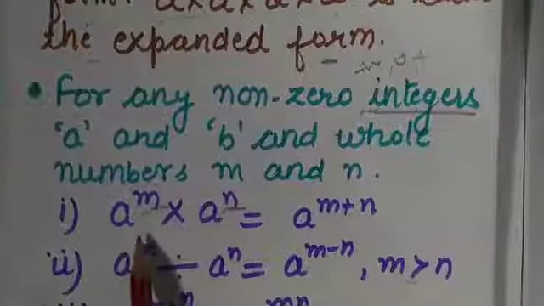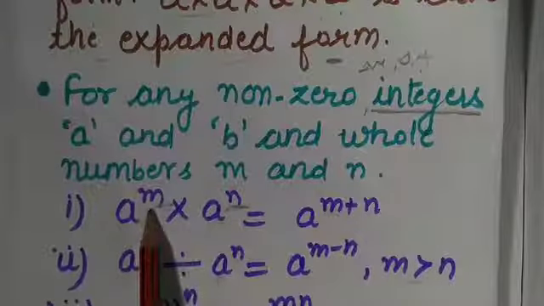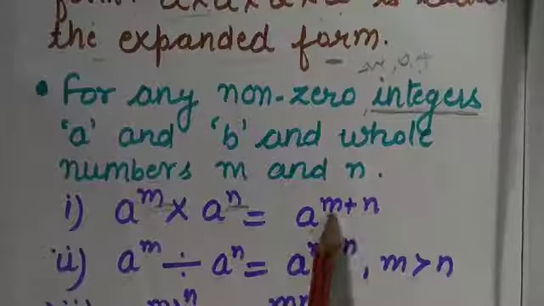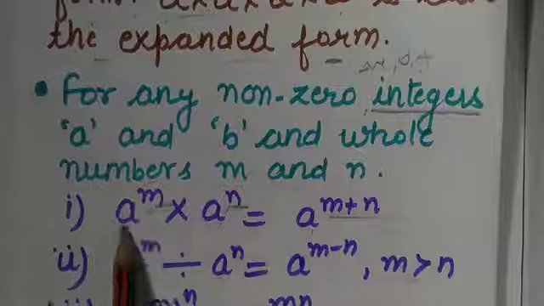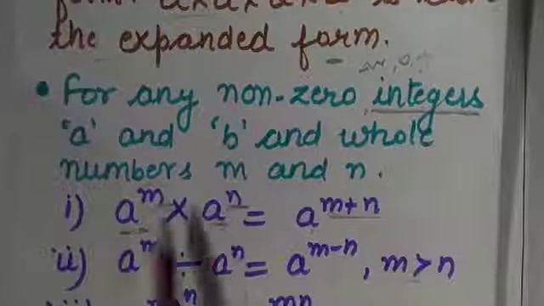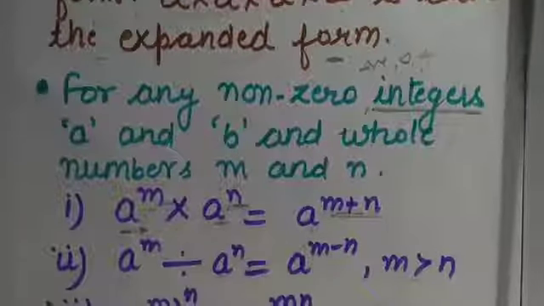The first law we have is a raised to the power m into a raised to the power n, which can be written as a raised to the power m plus n. It means whenever you multiply two exponential numbers having the same base, the powers get added.